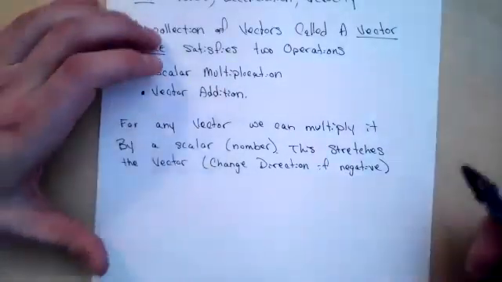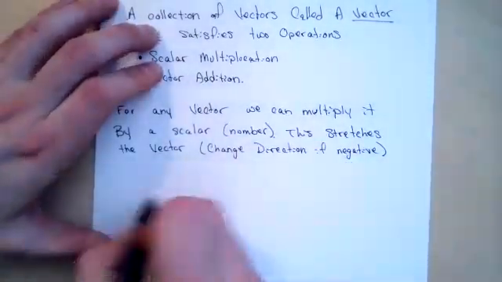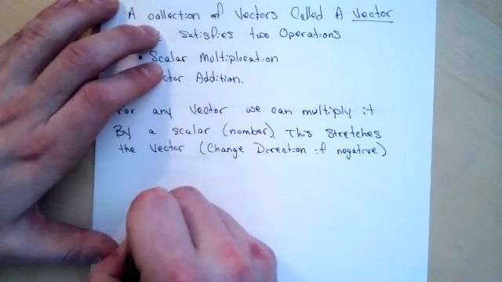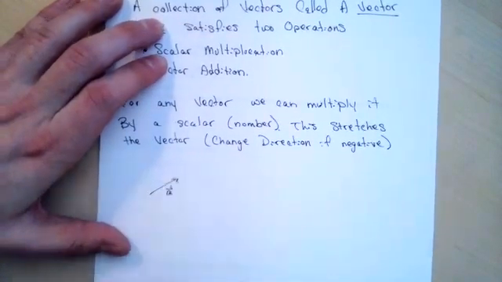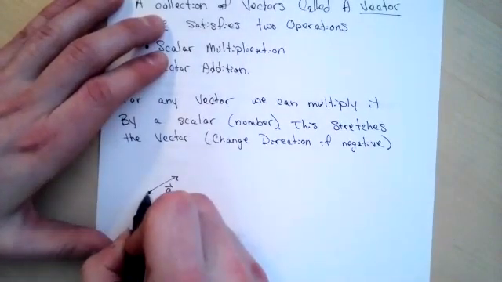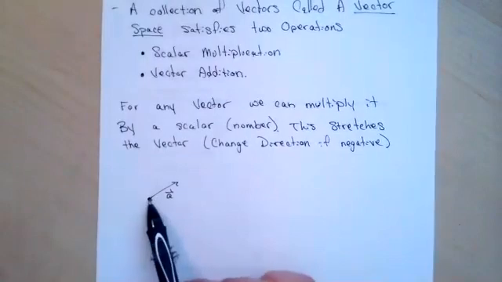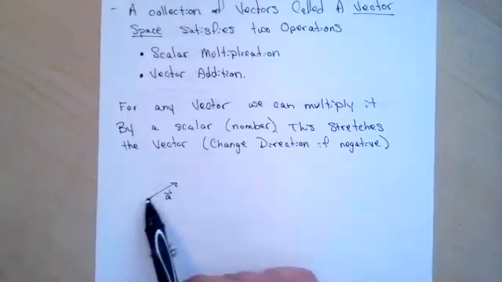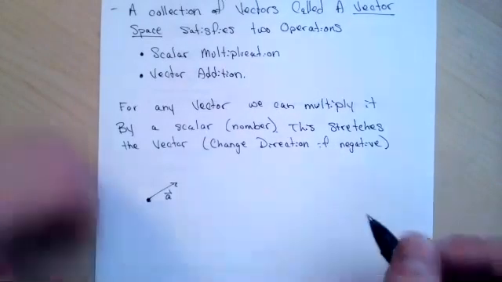So just geometrically, what's going on here? If we have some vector here that I'll call vector A. Vectors we denote with arrows, the arrow indicating the direction and usually the length of the arrow indicating the magnitude.